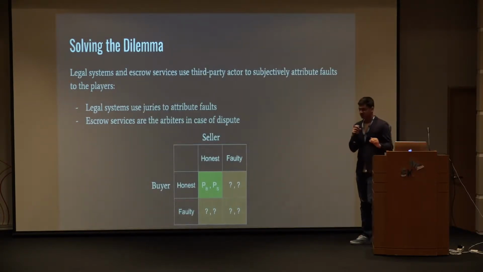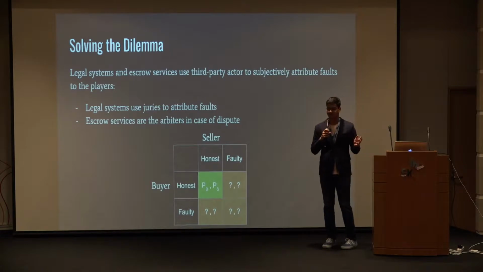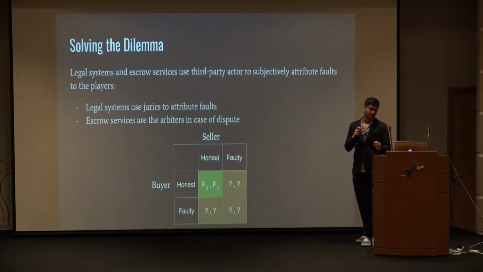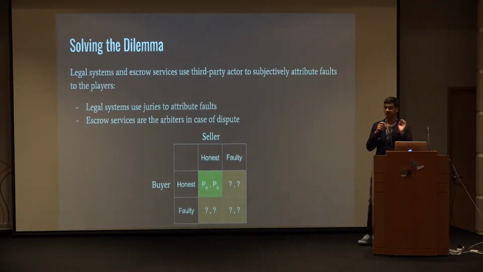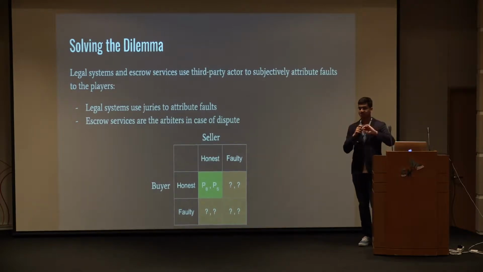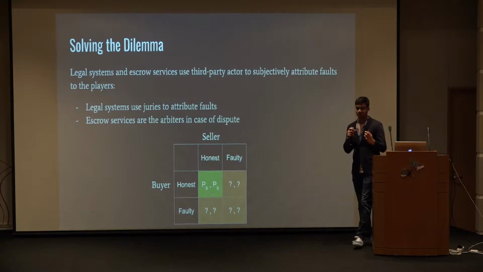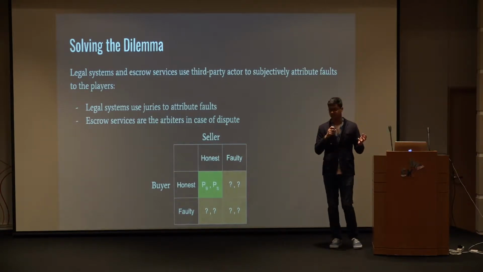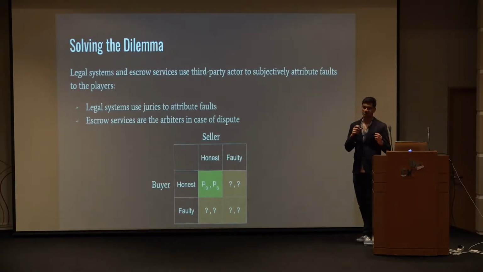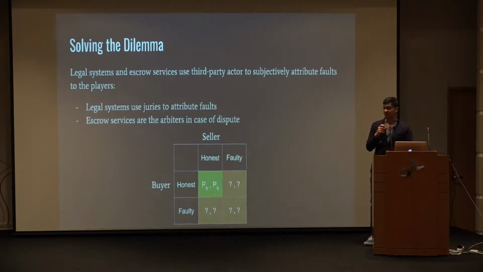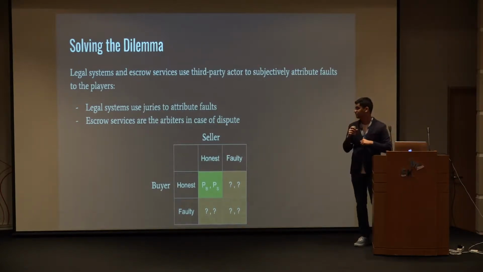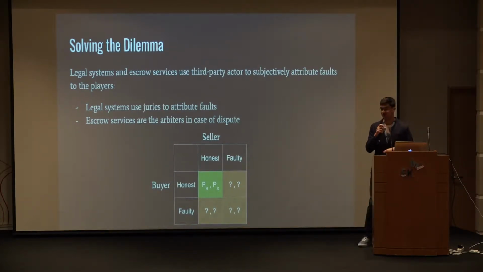The first two have a lot in common, which is that they use a third party to attribute faults subjectively. In the case of legal systems, you use a jury to determine subjectively who was faulty and then attribute faults. In escrow services, you hire independent arbiters and consultants to attribute faults to the players.